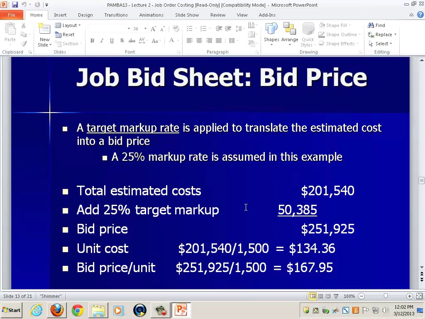Then the unit cost, the cost per unit for this bid, is going to be the total cost for the job divided by the number of units, or $134.36, and the price per unit is going to be $167.95. So then you proceed to bid.